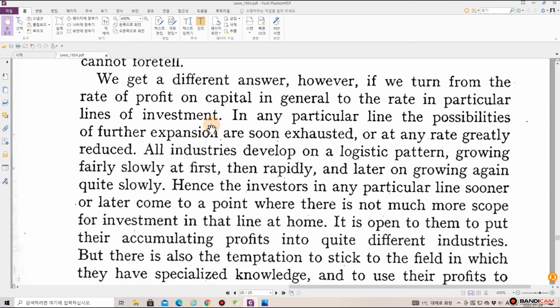We get a different answer, however, if we turn from the rate of profit on capital in general to the rate in particular lines of investment. In any particular line, the possibilities of further expansion are soon exhausted, or at any rate greatly reduced. All industries develop on a logistic pattern, growing fairly slowly at first, then rapidly, and later on growing again quite slowly.